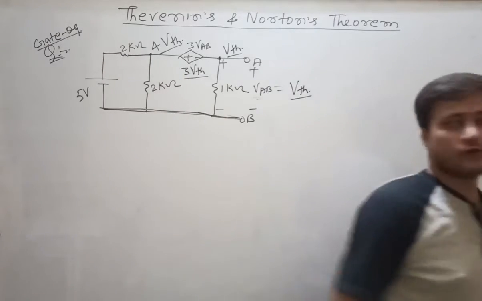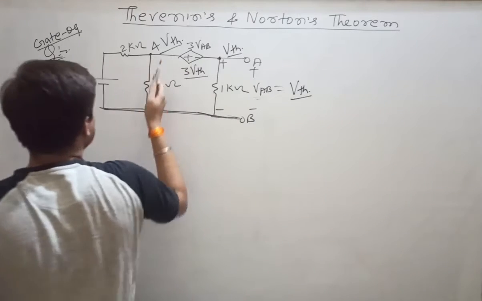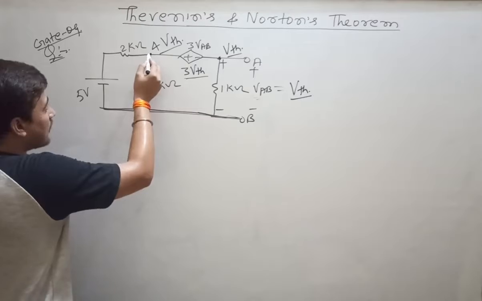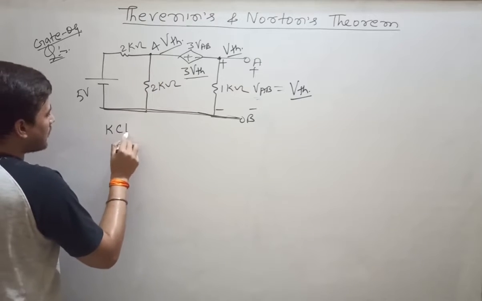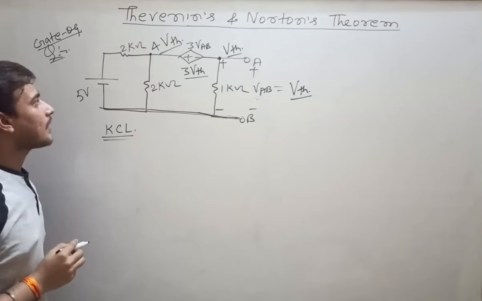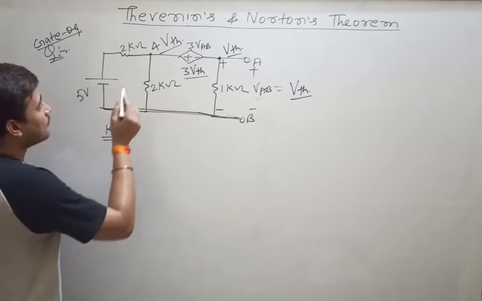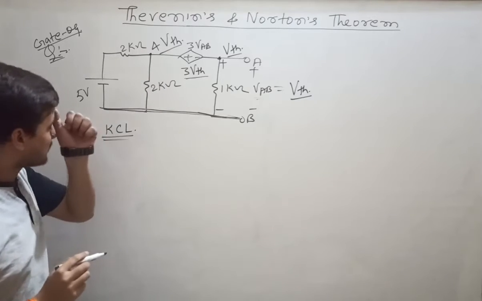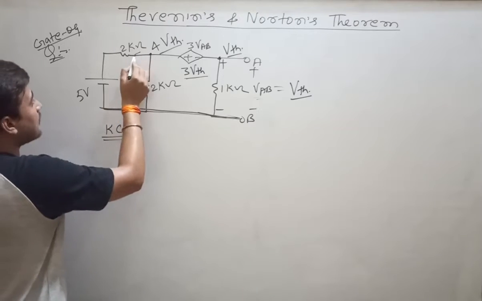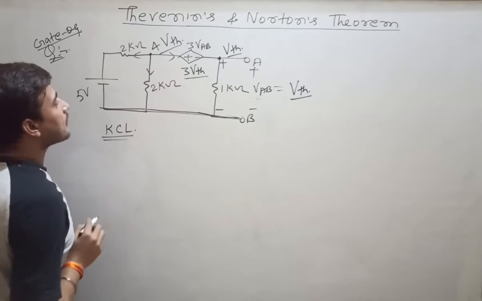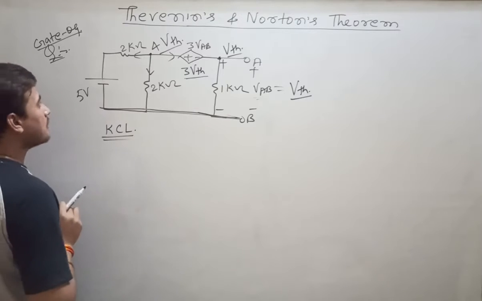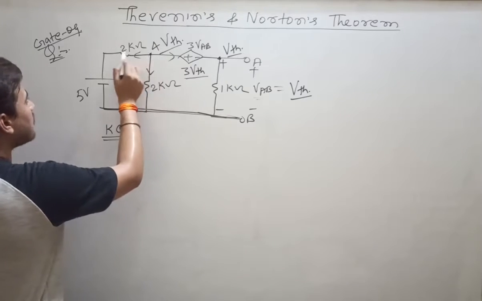Now what can you do? You know the potential of this point, so you can apply Kirchhoff's current law at this node. There are three branches, so there are three currents. Let us assume all are outgoing branches. What will be the value of current in this branch?